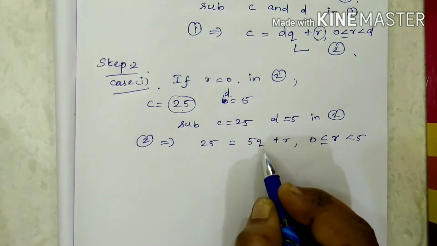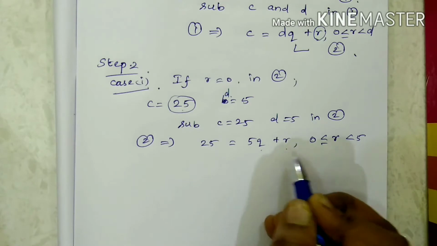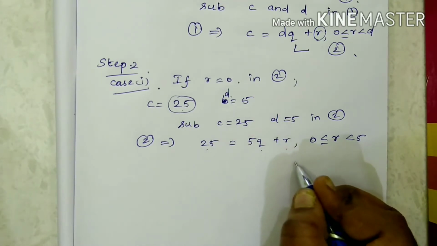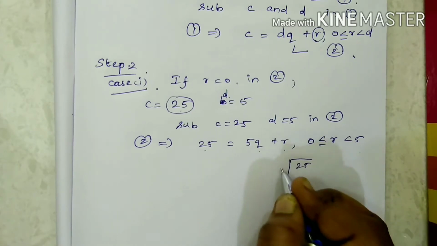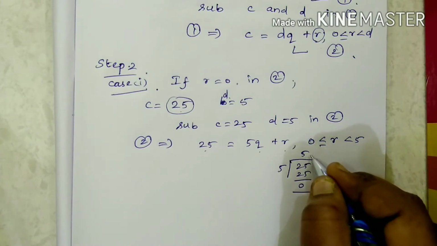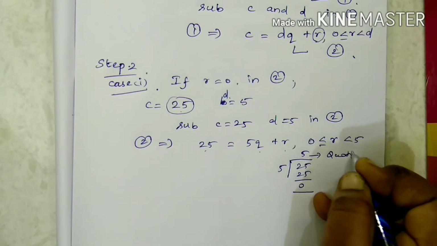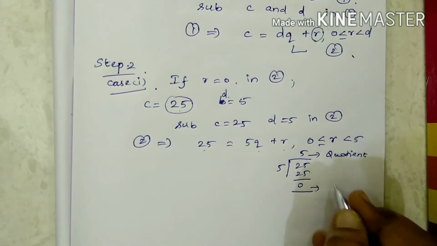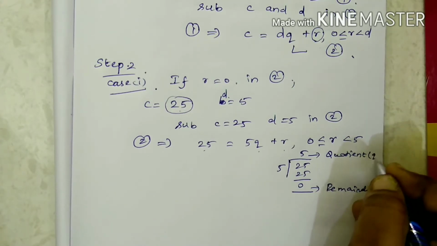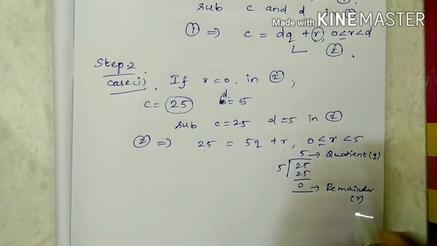Now, in order to find the values of Q and R, we have to divide 25 by 5. 5 5s are 25. We get the remainder as 0. Here, 5 is the quotient and 0 is the remainder. So this is the value of Q and the remainder is the value of R.